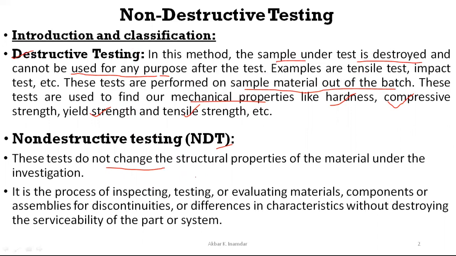An entire lot can be checked for quality testing as well as inspection, evaluating the material, components, and assemblies for discontinuities and differences in characteristics without destroying the serviceability of the part or system.